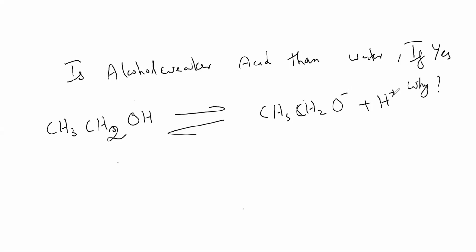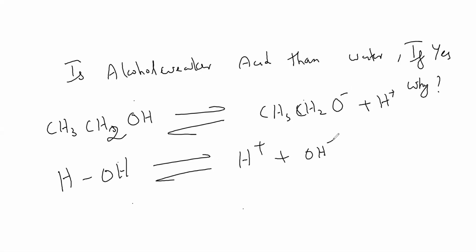But water, if I'm writing HOH, in equilibrium is H plus plus OH minus ions. Correct? So this OH minus ion is more stable than the alkoxide ion. You might be wondering, what is this alkoxide ion? This is my alkoxide ion. This is my hydroxyl ion.